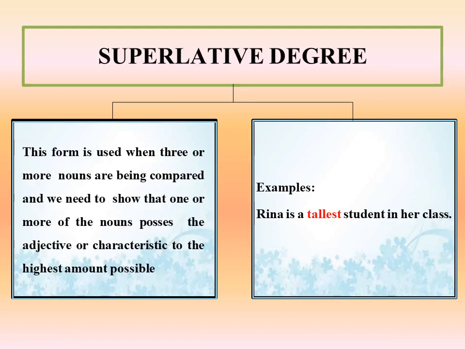The next one is called the superlative degree. Comparative and superlative are almost the same, where in both degrees the comparison is happening, but in superlative, when three or more nouns are being compared, we have to show one noun possesses the adjective character to the highest amount possible.